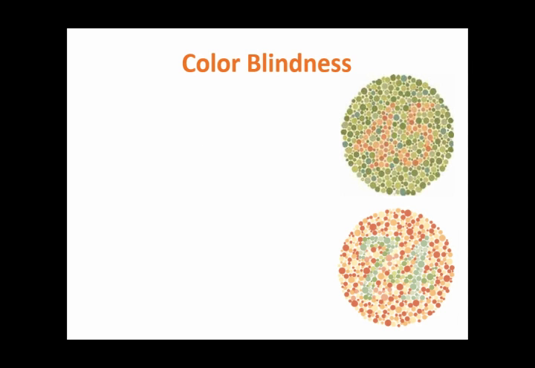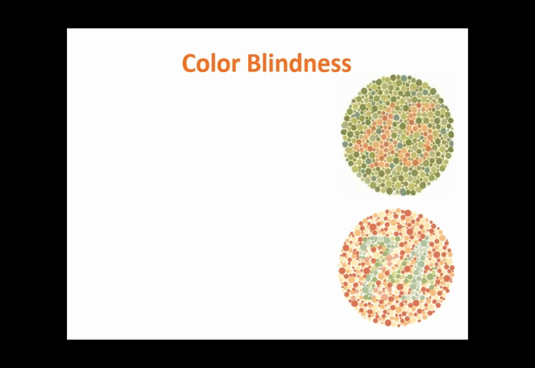Now that explains some aspects of vision, but it doesn't explain things like color blindness, or what's really more appropriately called color deficiency. As you look at these 2 panels, if you have normal color vision, you should be seeing a 45 in the top panel and a 74 in the bottom panel.